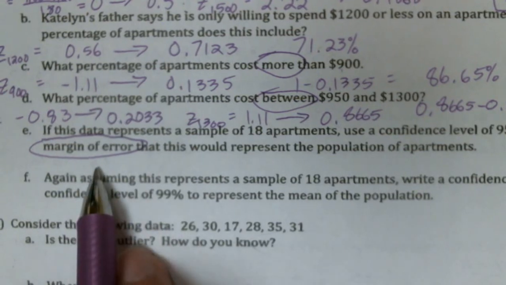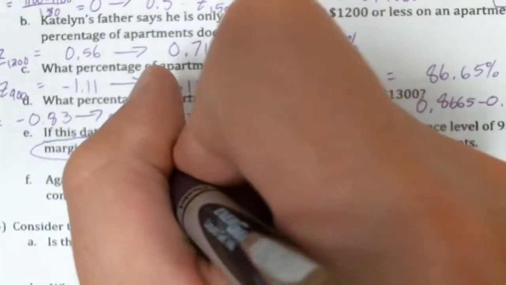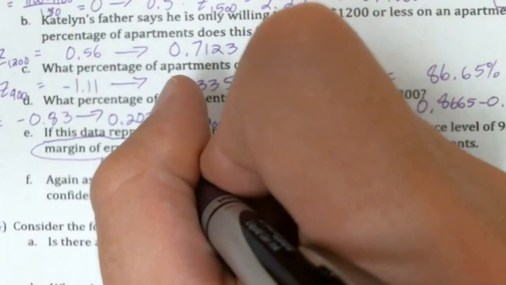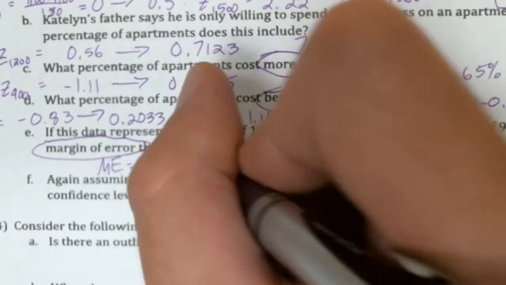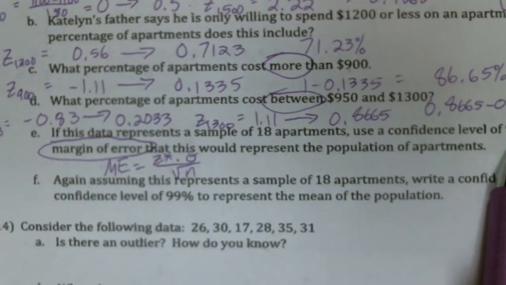All right, so the first thing I got to do is calculate the margin of error. You guys are going to have to memorize this formula. Margin of error, ME, is equal to your critical value, that's that Z-star value, which I will give you, I'll have that on the board for your test, times the standard deviation divided by the square root of the number of samples. Okay, this is talking about a 95% confidence level.